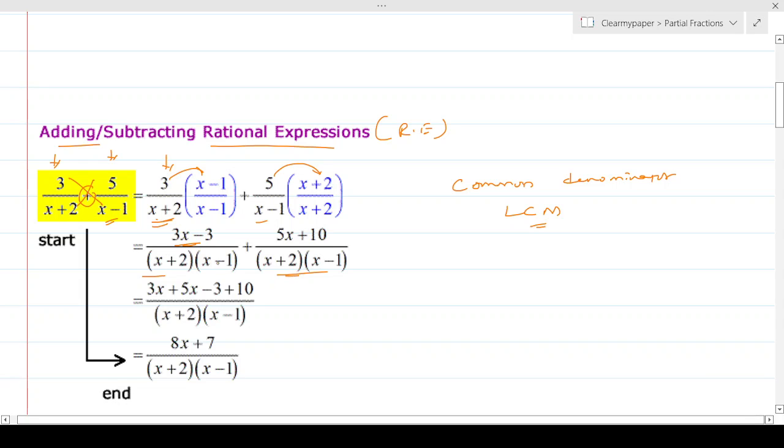Now since the denominator is the same in this step, you can add the numerators as they are. You add this term and this term, and then you simplify to get the final combined expression, 8x plus 7 upon x plus 2 and x minus 1. This is also a rational expression, and it is not simplified.